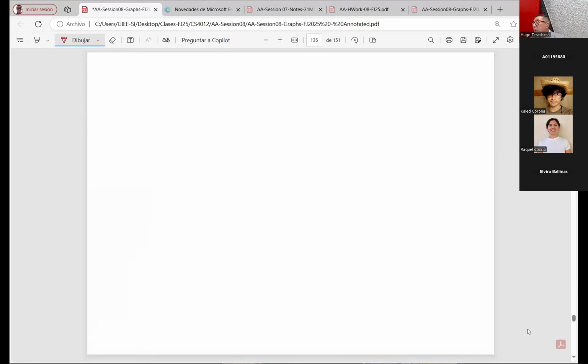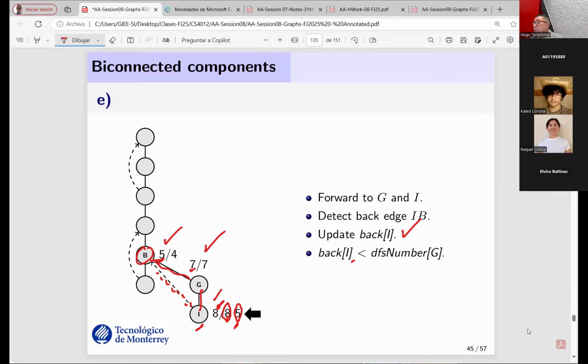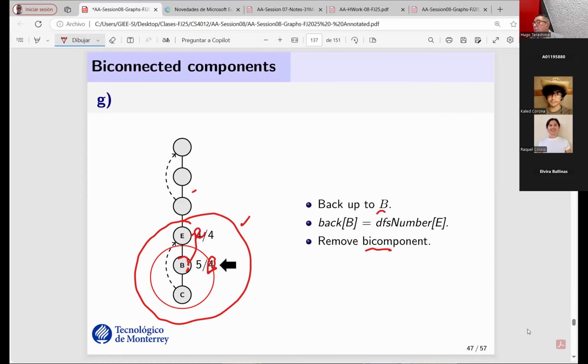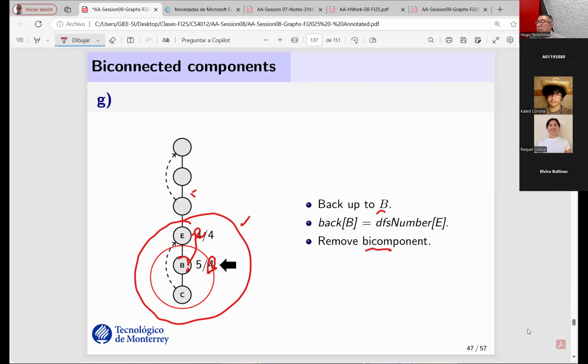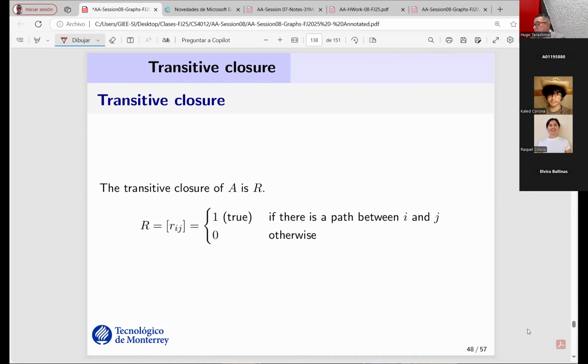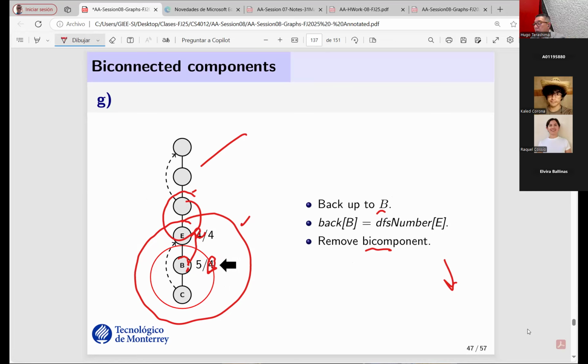So what I want you to do is to do the same procedure until you find this one and the remaining biconnected components here. I think I have the solution of the whole thing. It's not here, but I will pass it to you through Canvas, you know, just to have the complete solution for this problem. That is the idea.